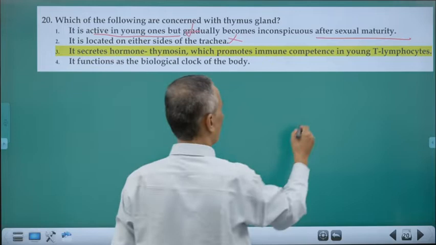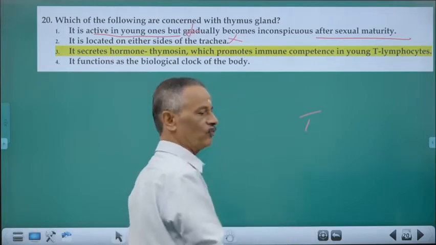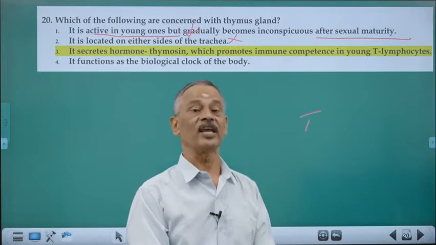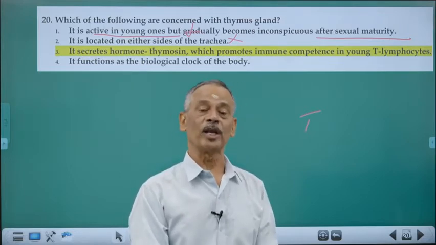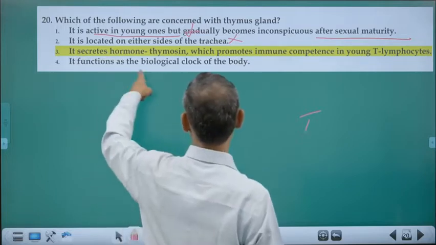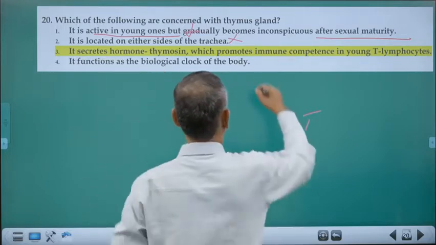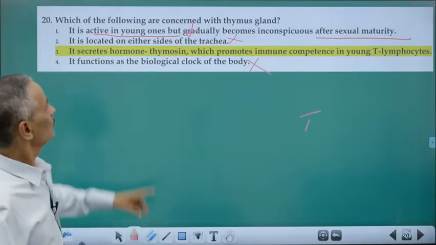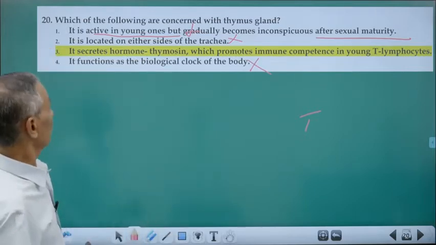It is responsible for the maturation of T lymphocytes. That's why they are called T lymphocytes, and also helps the maturation of B lymphocytes. It functions as biological clock of the body. Biological clock is our pineal organ. Okay, so only 3 is the correct one.